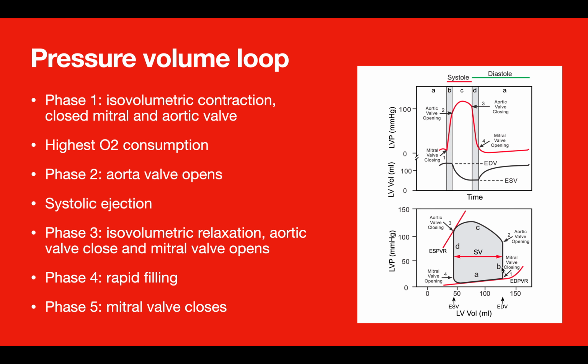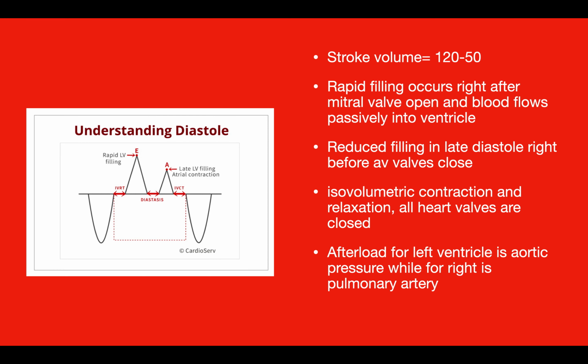So the vertical lines show the isovolumetric contraction or relaxation. The distance between the two lines is going to be stroke volume. Stroke volume normally is about 120 to 150 milliliters, and remember the rapid filling and the reduced filling.